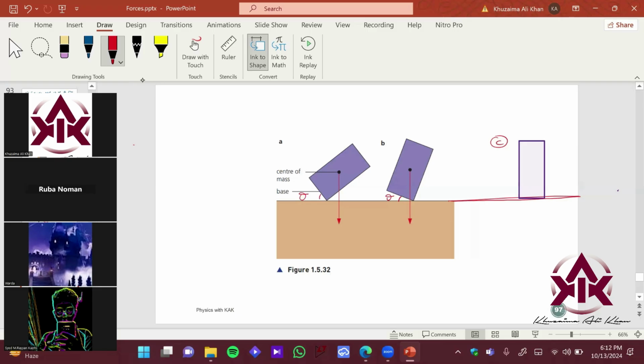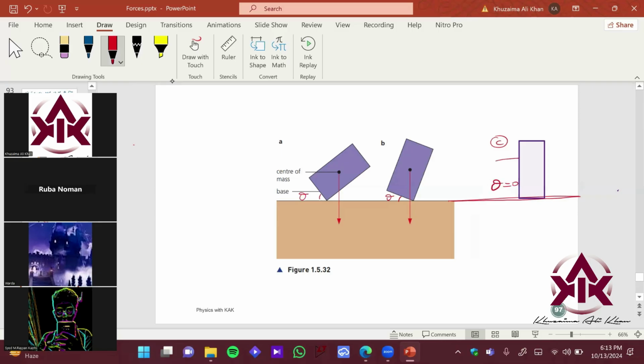Over here, theta is 0 because it is not inclined right now. Let me turn off this option of creating shapes. Okay, delete it then. So this is theta 0, which is not toppling right now.